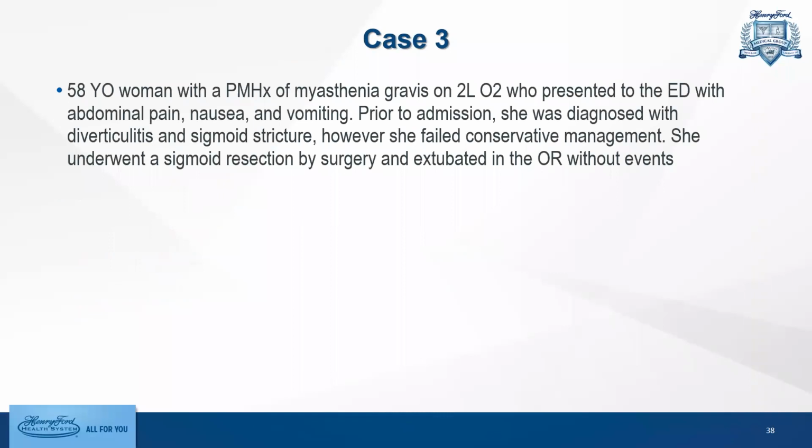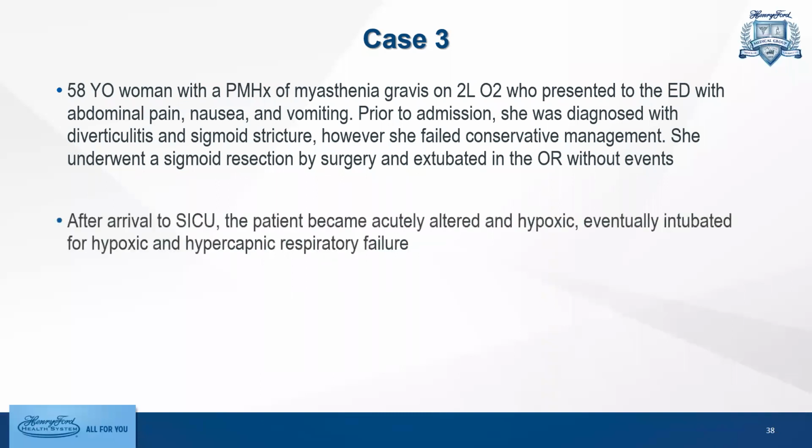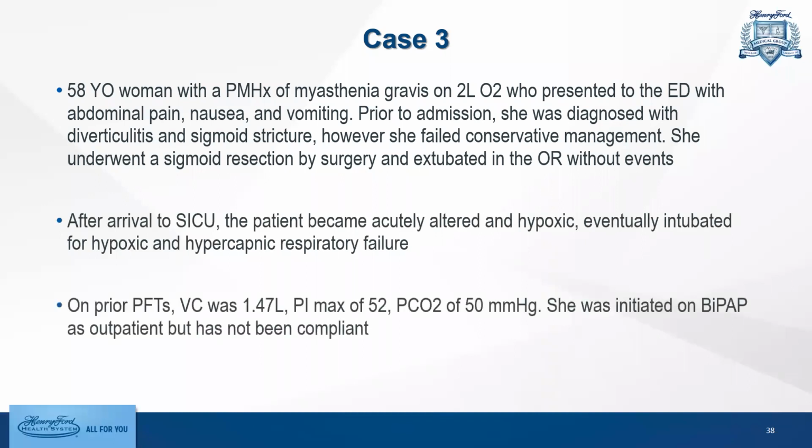However, she failed to improve conservatively, and then she ended up undergoing a sigmoid resection by surgery, extubated in the OR without events. After arrival to SICU, the patient becomes acutely altered and hypoxic, eventually got reintubated for hypoxic hypercapnic respiratory failure.